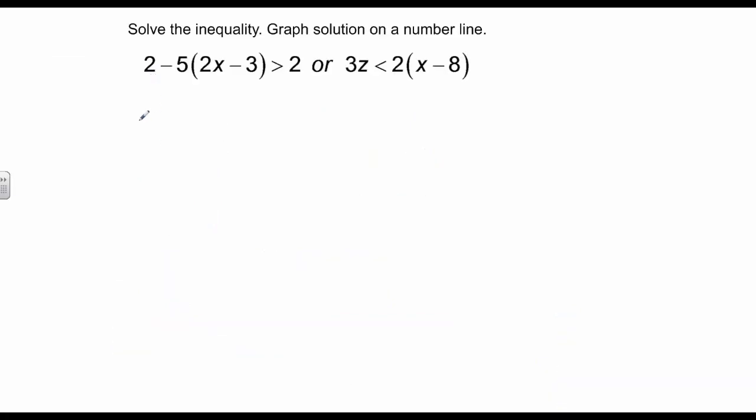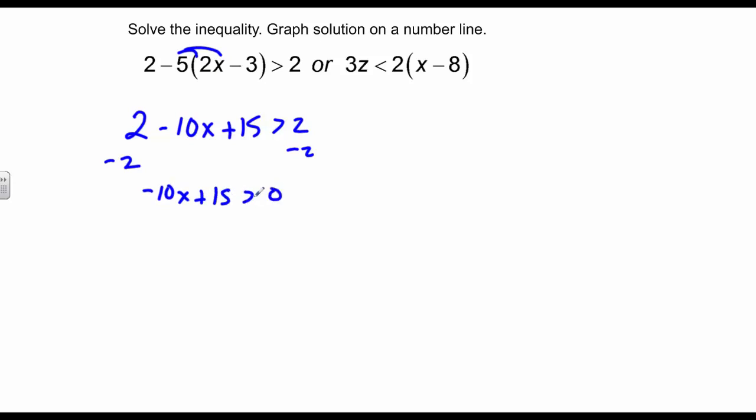We roll through and say we have 2 distribute minus 10x plus 15 is greater than 2. Let's combine like terms. I'll subtract 2 from both sides. I get negative 10x plus 15 is greater than 0.